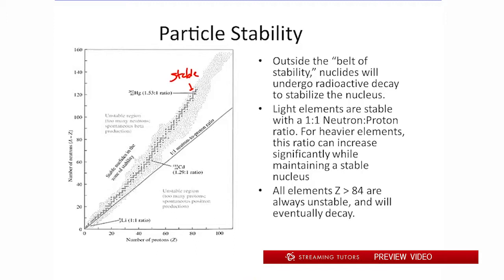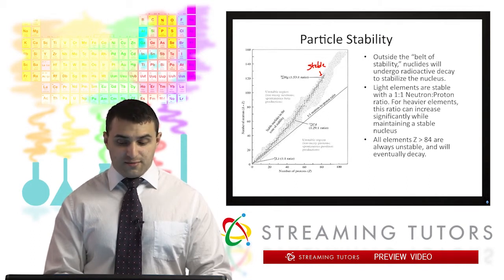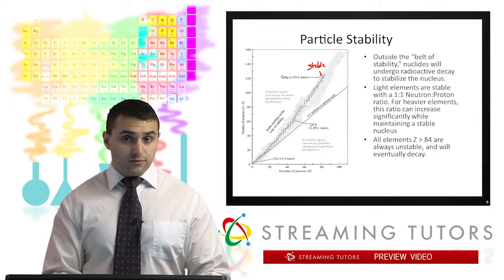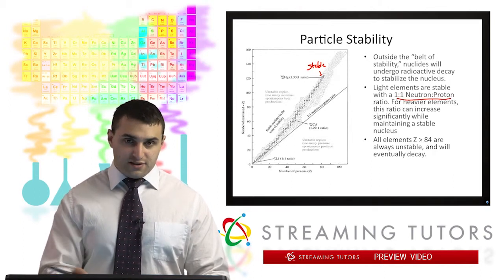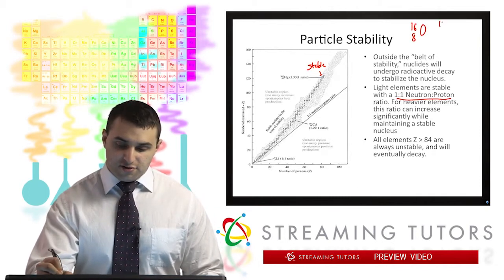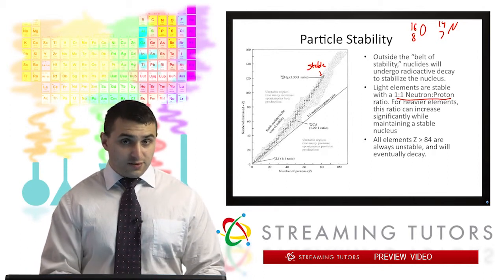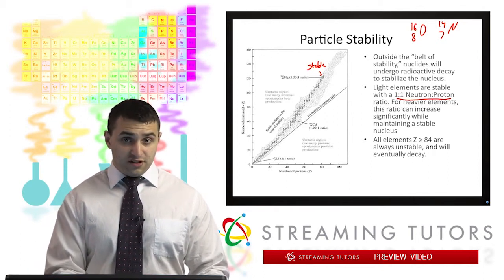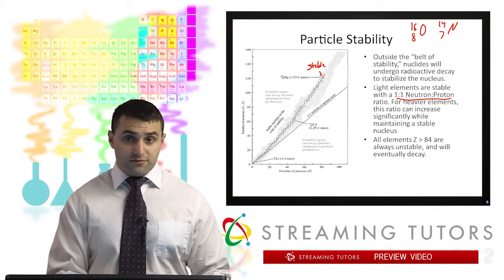So what's important to note is that in general, for light elements, something like in period 2 or 3, the most stable ratio of neutrons to protons is a 1-to-1 ratio. That's why we have things like oxygen 16, nitrogen 14. As we increase the size of the nucleus, we can have stable isotopes with further and further higher neutron to proton ratios.